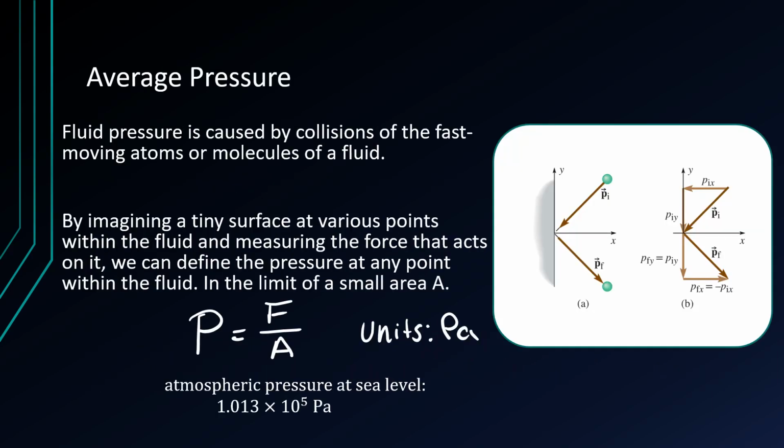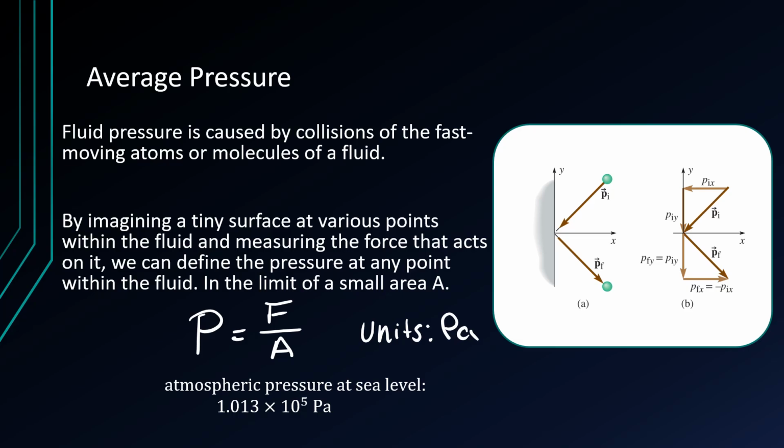So, fluid pressure is actually caused by collisions of these atoms or molecules, right? So pressure is equal to force divided by area. You maybe put that together based off of our discussion of force over area and how whenever we went into a bulk modulus, I changed that to pressure, right? So imagine a tiny surface, and at various points within the fluid, we think about what is the force of the molecules of this fluid hitting that tiny surface, and what is the area of that surface.